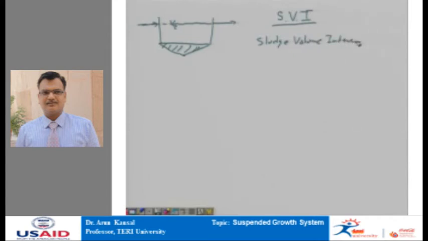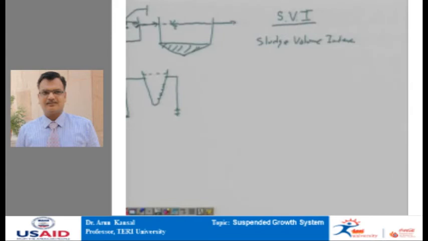Here what we do is, from the aeration tank which is just preceding this clarifier, we take a sample, and we put it in a cone known as an Imhoff cone. This cone is graduated and appears like this. It is a conical shaped cone mounted on a stand, with a total volume of 1 liter.